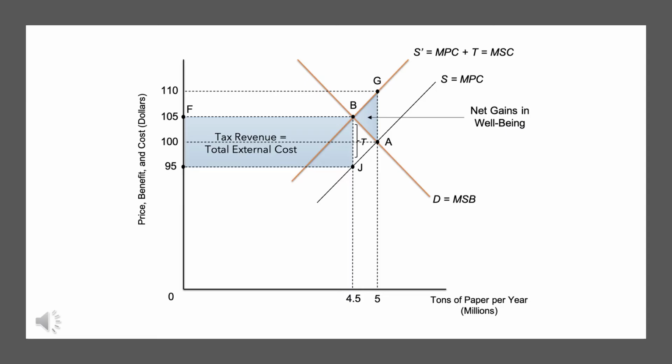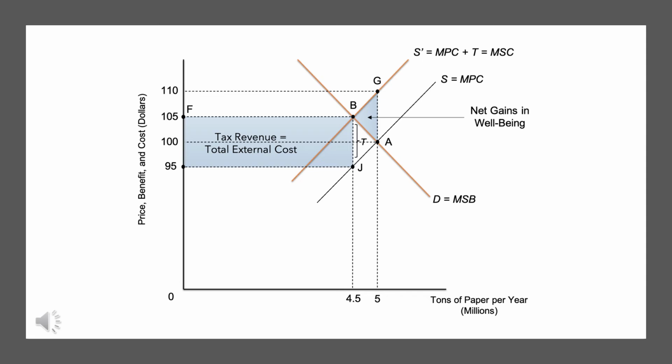So, this is the graph that we need to draw in order to explain the corrective tax. As we can see, the x-axis represents tons of paper per year in millions and the y-axis is price, benefit and cost in dollars.